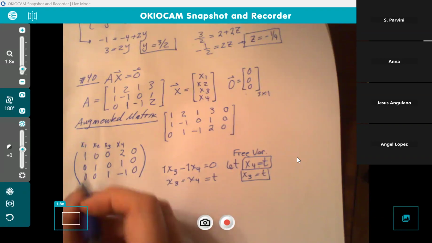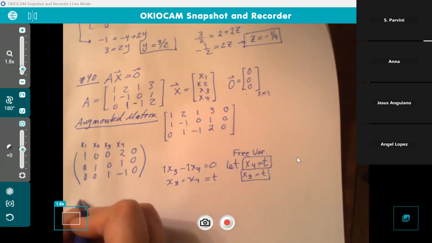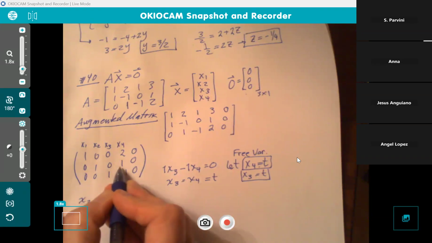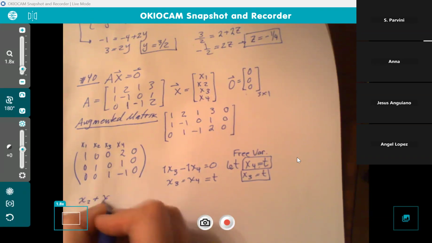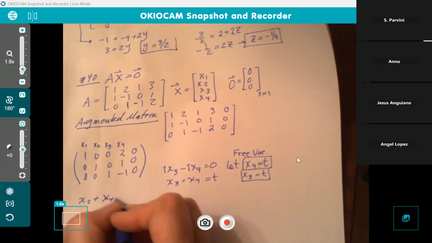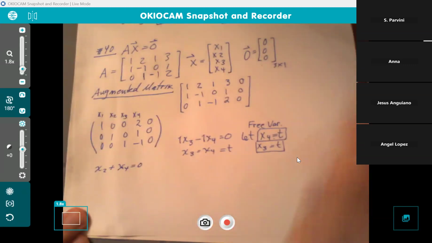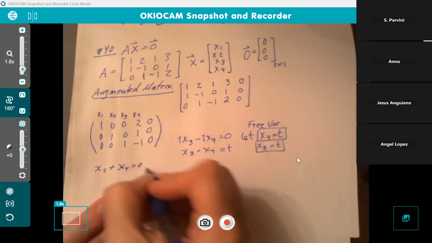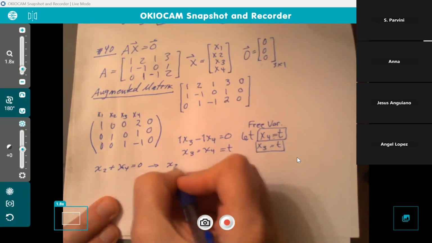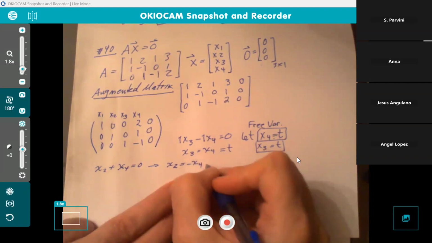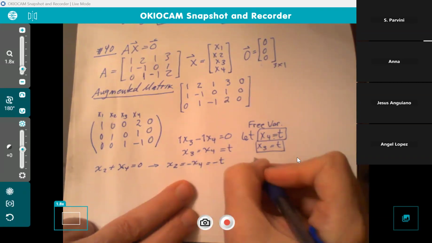So that's just the second row. It reads x sub 2, 0x sub 3 plus x sub 4 equal to 0, right? But then we said x sub 4 is our free variable. So from this, x sub 2 is going to be negative x sub 4. And that means negative t.